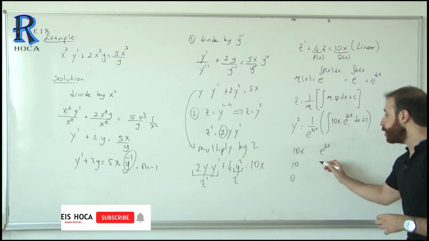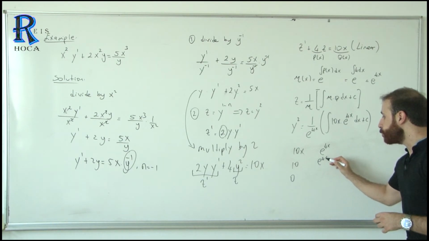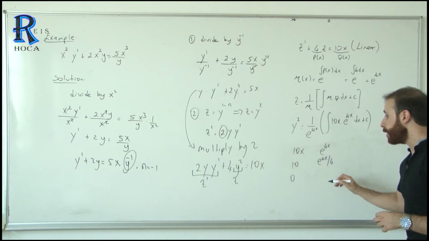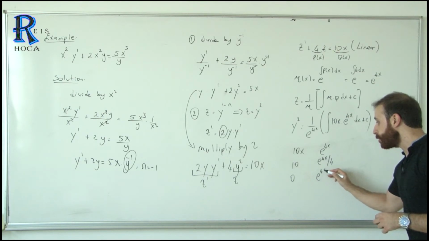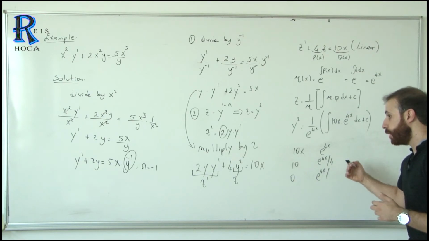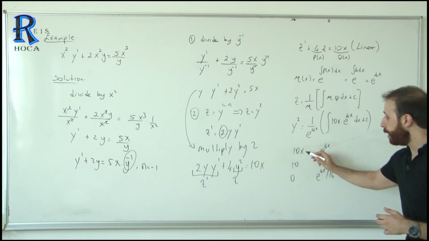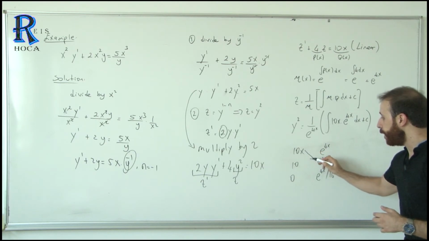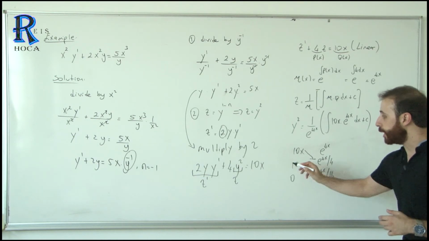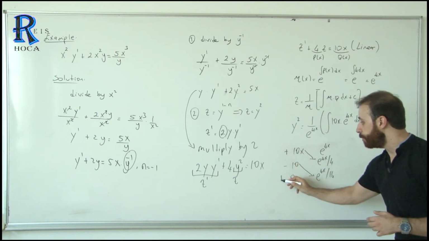For the exponential part, take integrals: integral of e to the 4x is e to the 4x over 4, and again the integral of e to the 4x over 4 is e to the 4x over 16. And to find the result, we make the cross product with the signs plus, minus, plus.